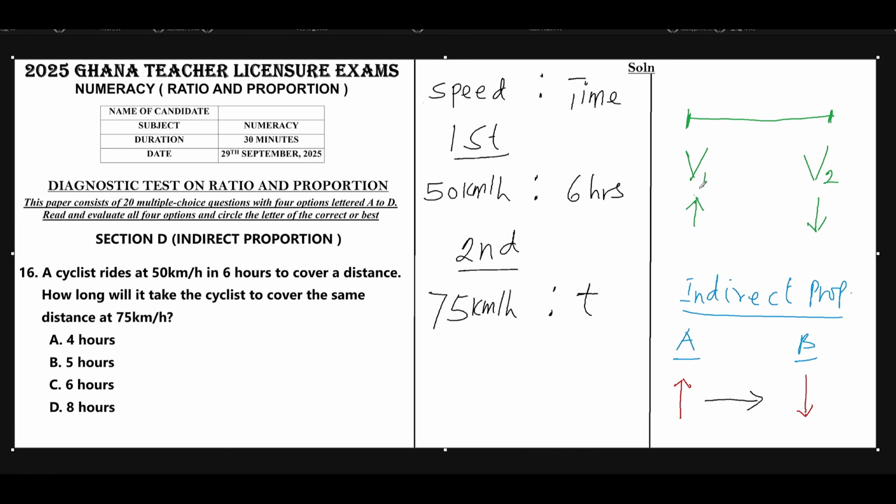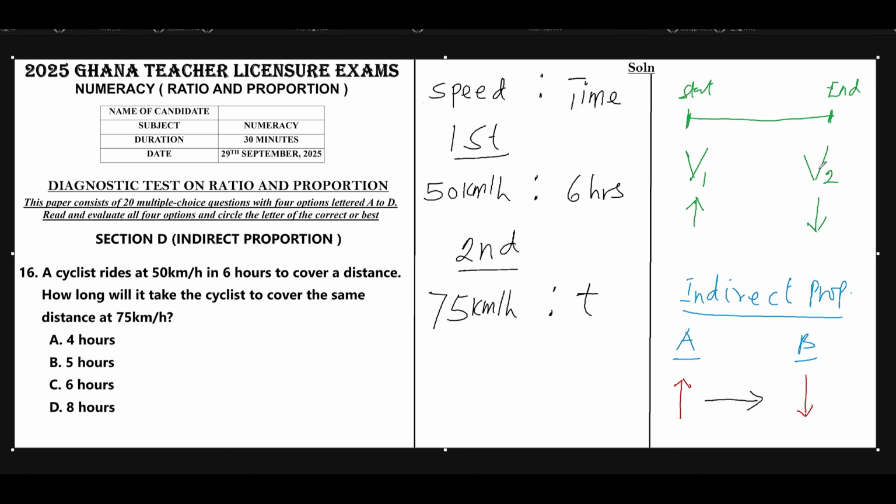Since vehicle 1 is moving at a faster speed, it will take vehicle 1 less time to get to the end point. So they are all moving from this starting point to this point, but vehicle 1 is moving at a faster speed. So because of that, it will take vehicle 1 less time to reach its destination. So a higher speed goes with less time.